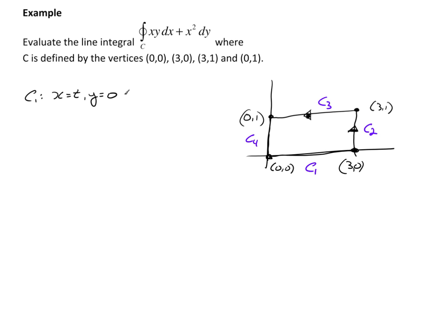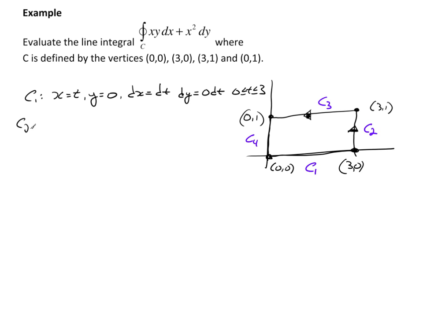That would then tell me that dx equals dt, and of course dy equals 0 dt. And specifically, 0 is less than or equal to t, which is less than or equal to 3. So I need to go from 0 to 3 here.